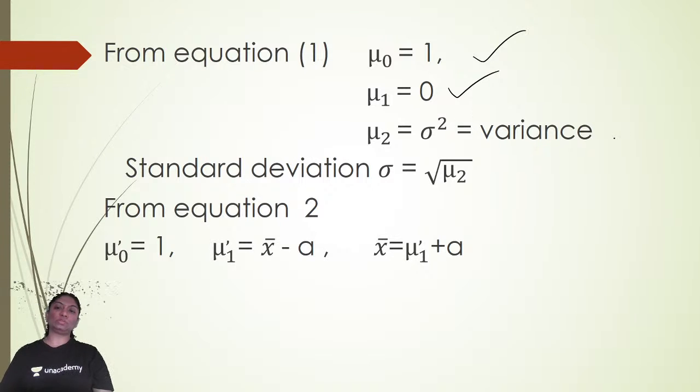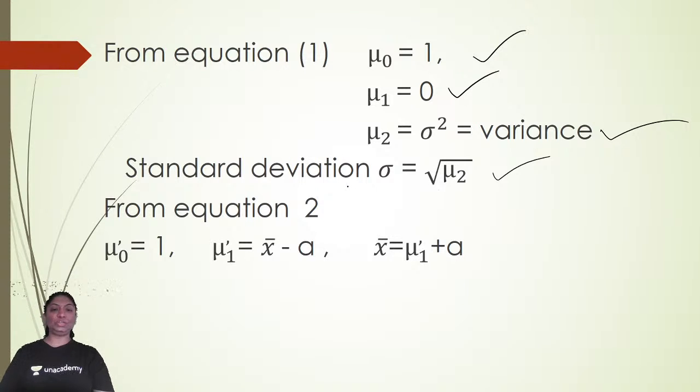Mu 2 is equal to sigma square, that is your variance. Now standard deviation sigma you can calculate by using root of mu 2. Sometimes the values mu 1, mu 0, mu 2, mu 3 are given, then calculate the standard deviation. It is a very simple way to calculate the standard deviation when the moments about any value a are given. So sigma is equal to square root of mu 2.